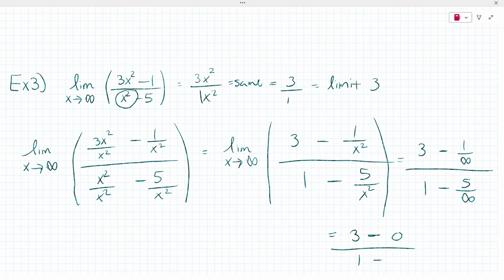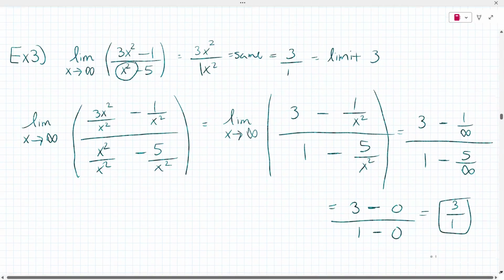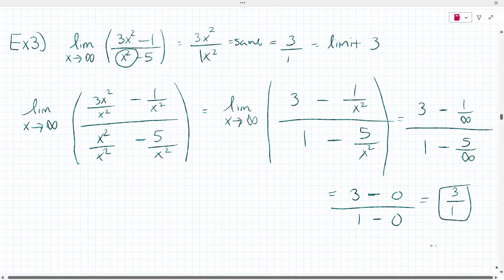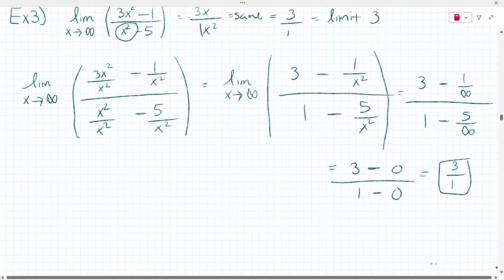And then you have 1 minus 5 over infinity, or 5 over a very large number, is 0. So 3 minus 0 is 3. 1 minus 0 is 1. That's your answer. Okay, let's move on.